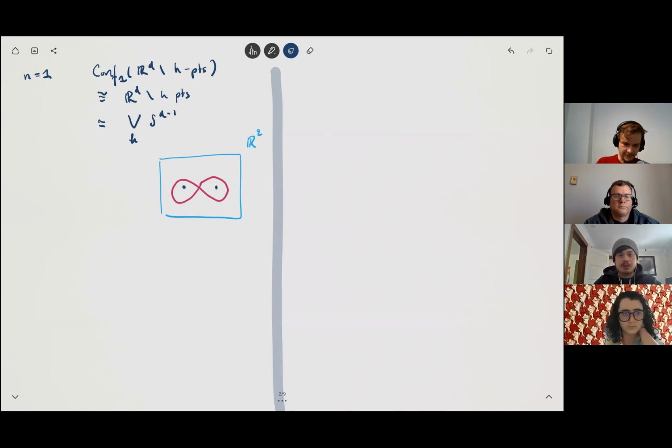Okay, so how do you get from the case n to the case n plus 1? Well, you use a fibration. Let me write it here so I have space to write the fiber.